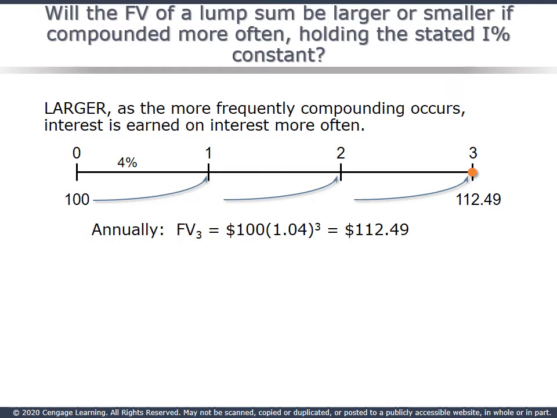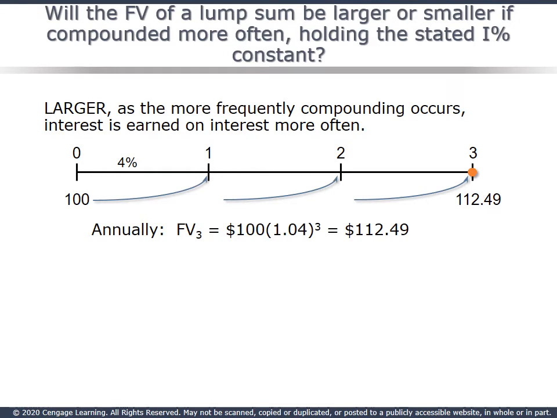So if we have $100, we invest it for 3 years at 4%. This is not an annuity, it's a lump sum. Invest the $100 at 4%, we leave it alone. At the end of year 3, what will our $100 have grown to become?